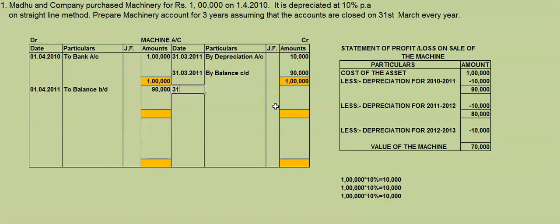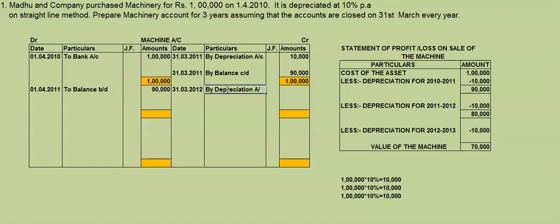So what you have to do here? Again you have to take the depreciation. In which year? 31st March 2012. So at the year end, 31st March 2012, by depreciation account.